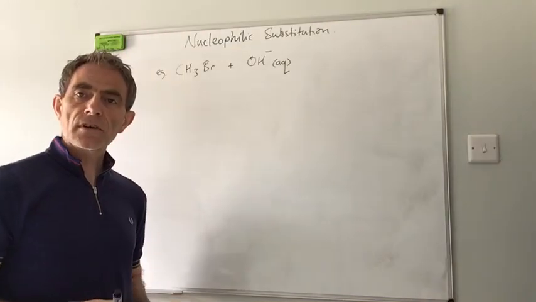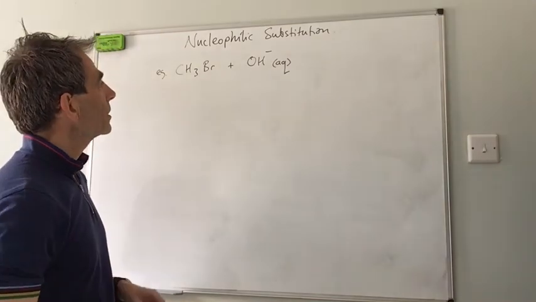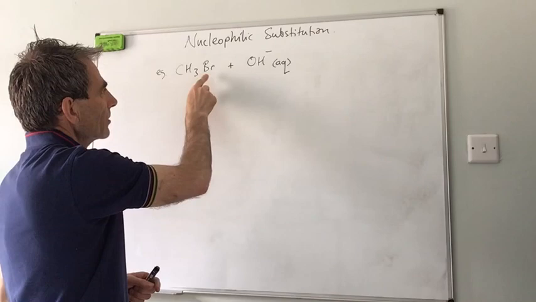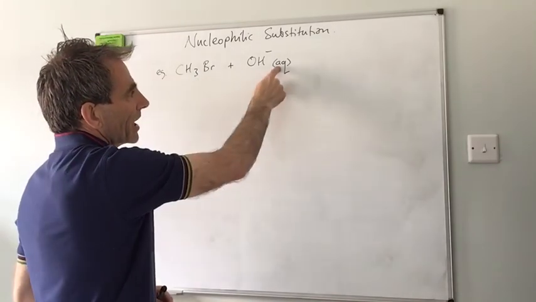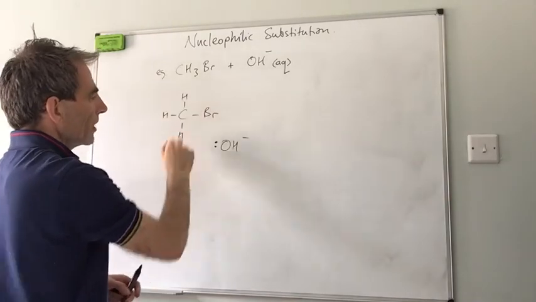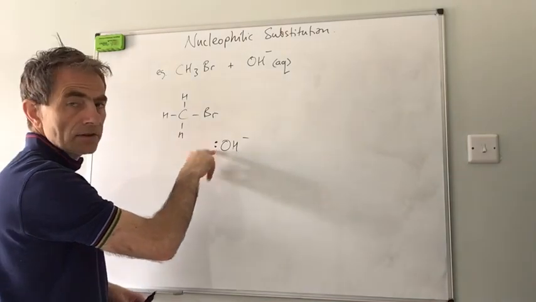So if we move on to nucleophilic substitution mechanisms now. The one we're looking at here is a haloalkane, so I'm using bromomethane as my example, and I'm using aqueous hydroxide ions. So I've drawn up the haloalkane and the hydroxide ion. Notice I'm showing the lone pair on the oxygen.